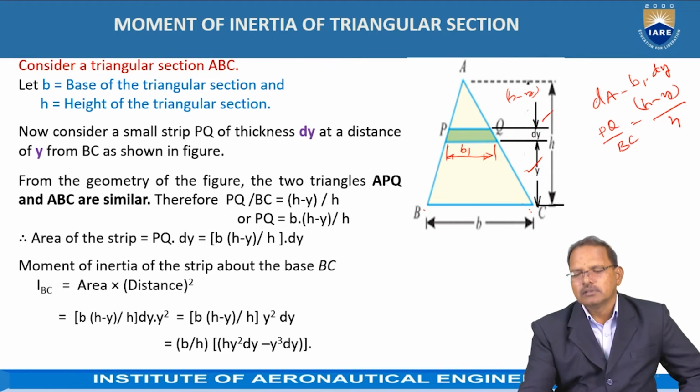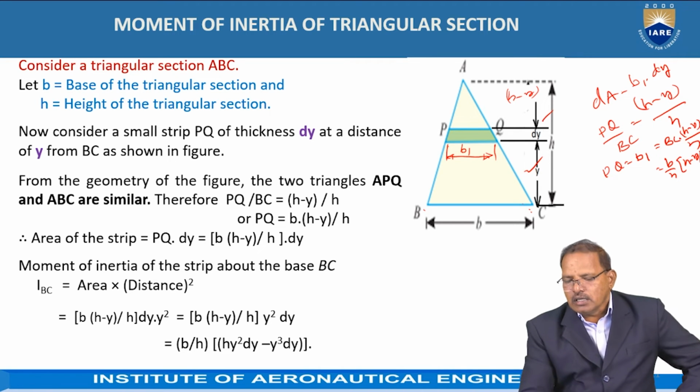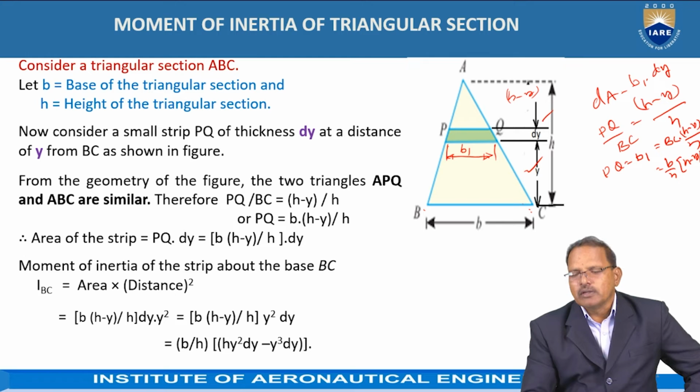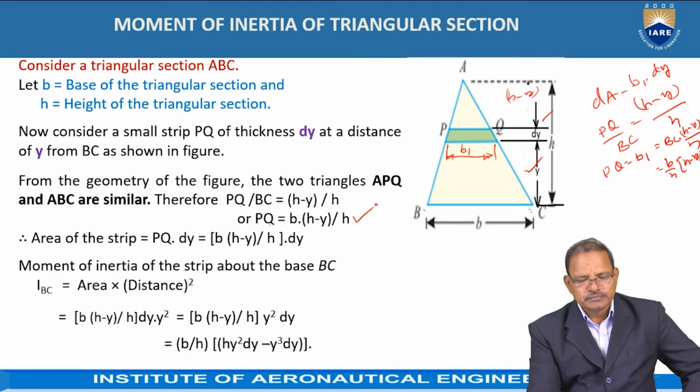So PQ, which is b1, is equal to BC into h minus y divided by h. This is the length of the strip PQ, considered at a distance of y from the base. That is, PQ is equal to b into h minus y divided by h.